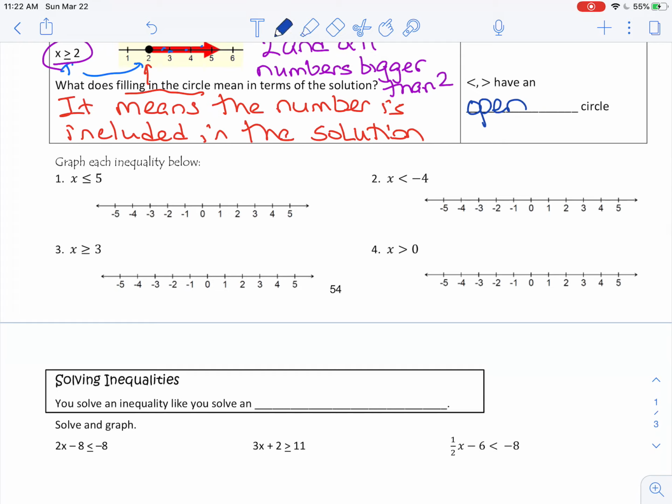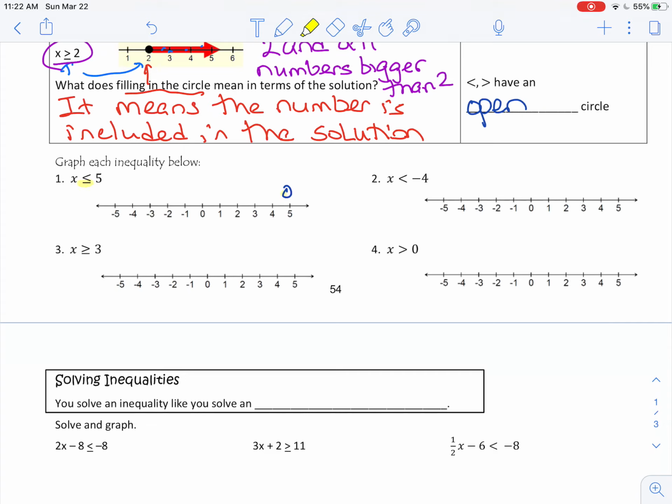All right. So what we're going to do is we're just going to practice a little bit of graphing. It says, to graph each inequality below, they give you a number line. The first thing you're going to do is look at the inequality. It says x is less than or equal to 5, so go ahead and read it. Go above the 5, that's the dividing line, and put a hollow dot.